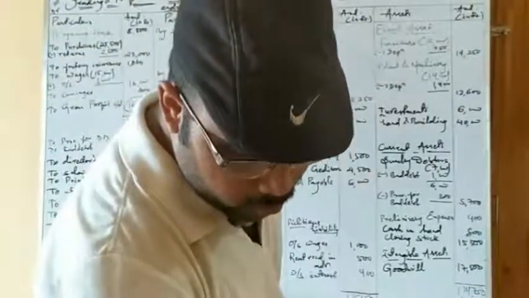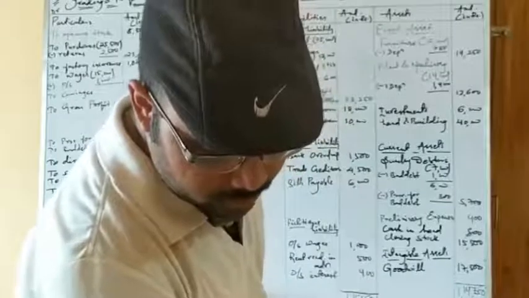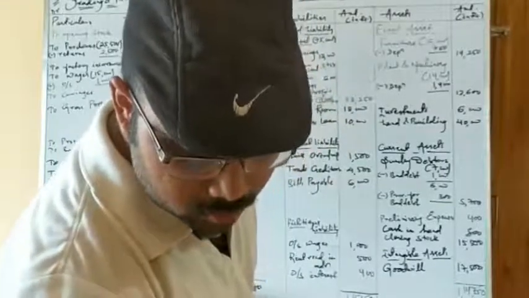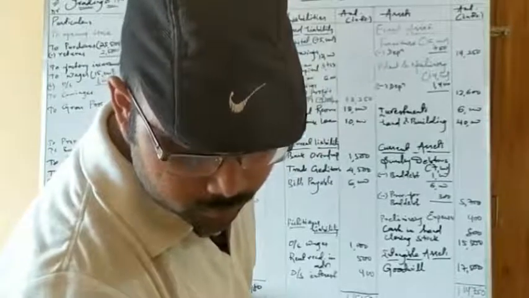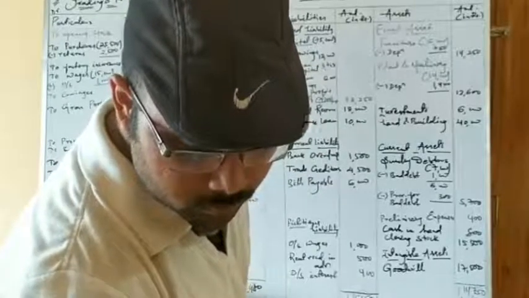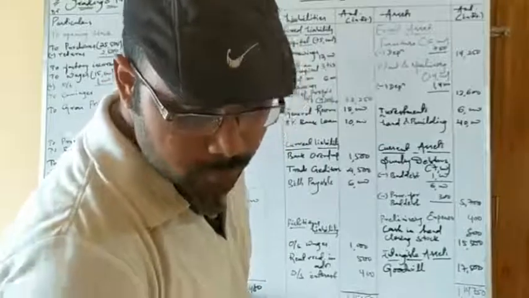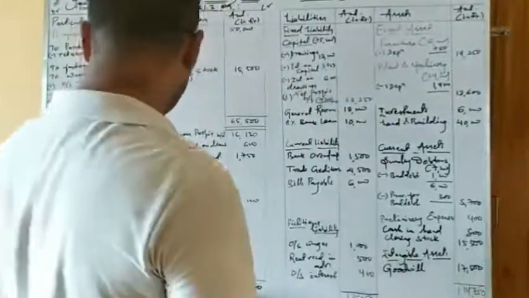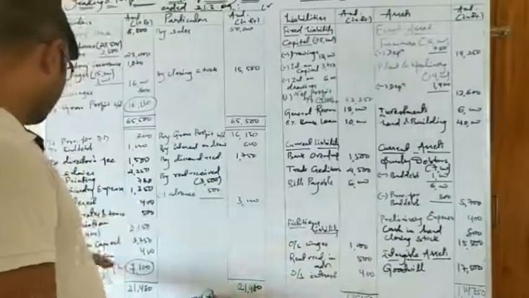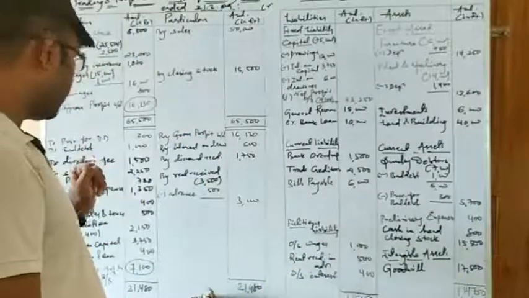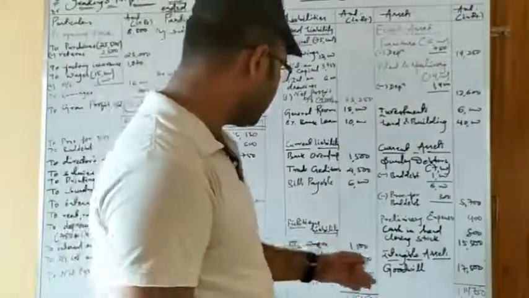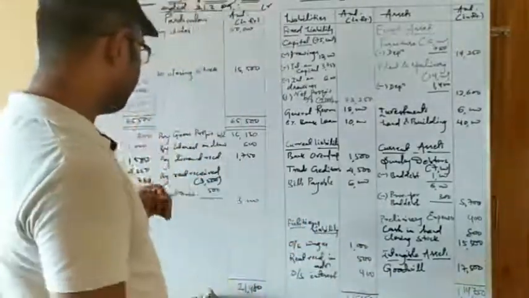So the value of the bank loan at 8% is 10,000, so the interest is 800. Also, 400 of this interest is paid, so the outstanding interest is 400. So that outstanding is again taken here as 400.